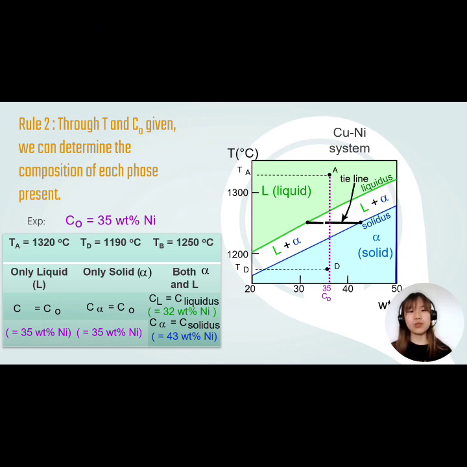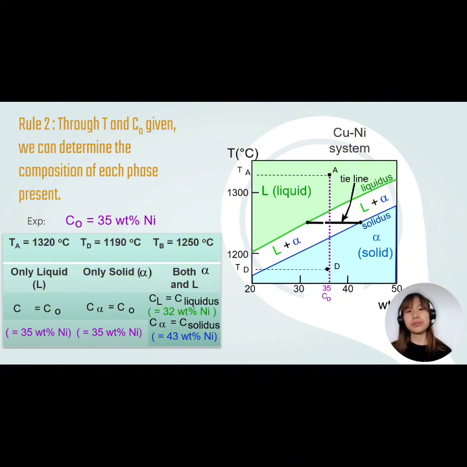And at temperature D, which is 1190 degrees Celsius, we get only solid phase, where the composition of the solid will be the same as the composition given, which is 35. At temperature B, which is 1250 degrees Celsius, we get two phases, the solid phase and the liquid phase.